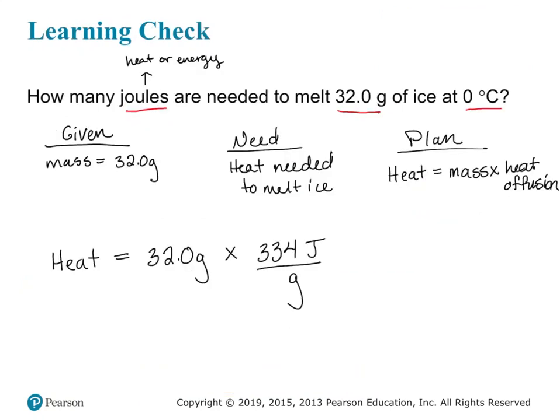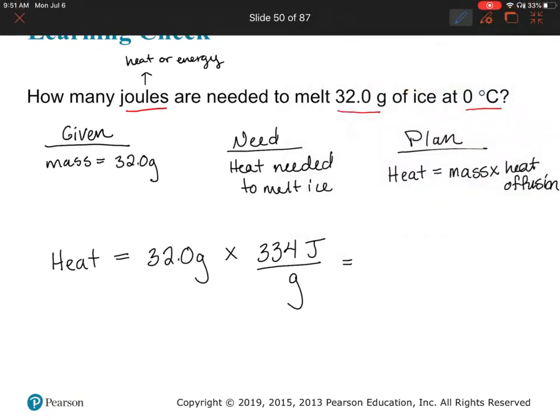Okay. So let's make sure our units cancel to give us what we need. So we have grams in the numerator and the denominator. So that will leave us with joules, which is exactly what we're looking for.